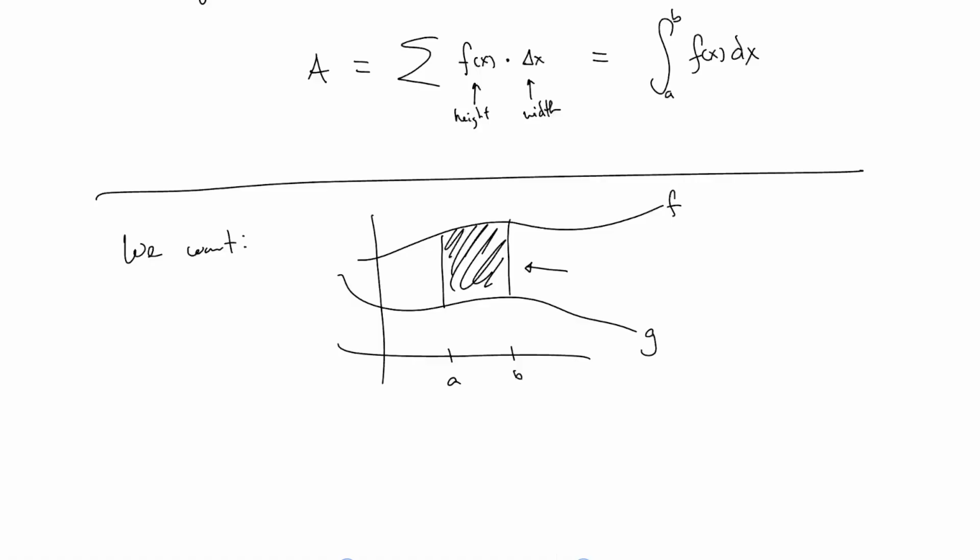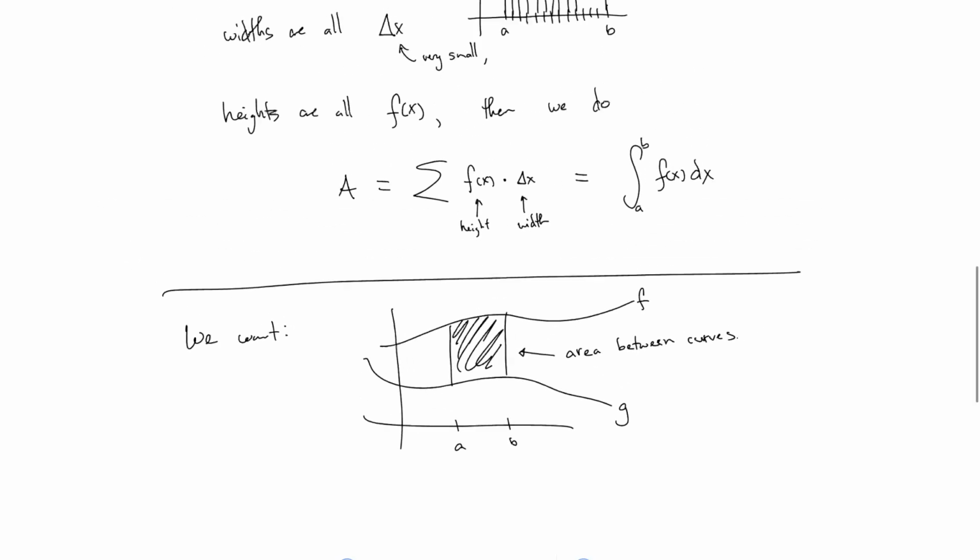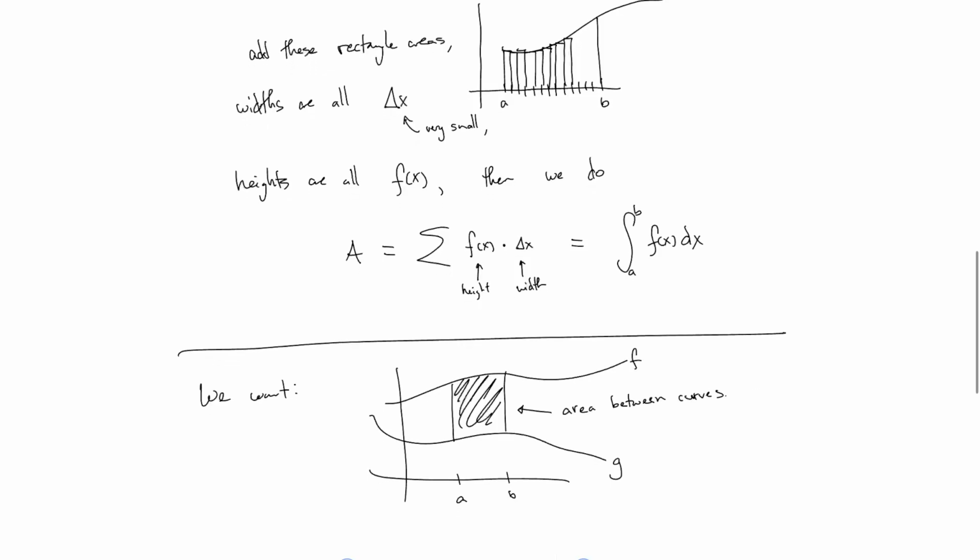I mean, this is not very strange terminology. This is called the area between the curves, all right? And the question is, how do we find the area between the curves as an integral? And this is why I refreshed our memory about all of this business up here, about the heights and the widths and whatever, all right?